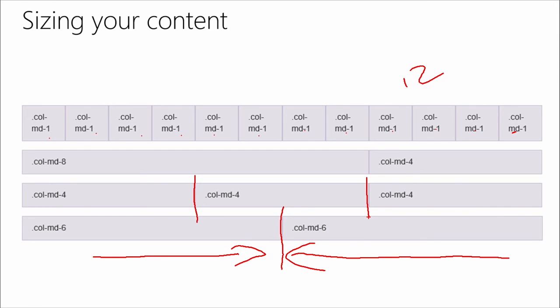Because after all, 12 divided by 3 is going to be 4 and 4 and 4. So there you go, you've got thirds. If you want it in quarters, then you could just do col-md-3, col-md-3, col-md-3, col-md-3. So you're going to notice that all of the typical sizes and ways of dividing up a screen that you might want, you get by having the number 12 there. So there is some method to the madness of the number 12.